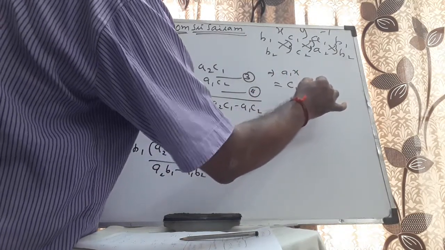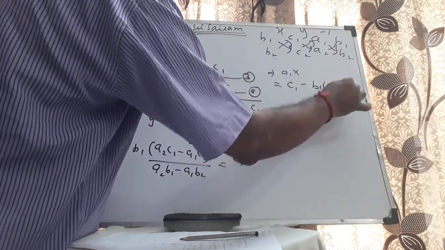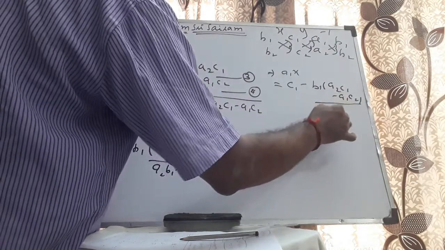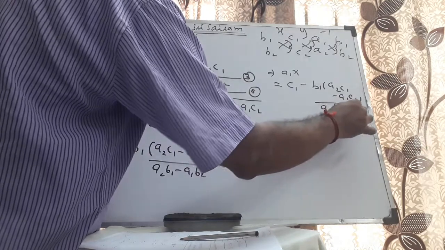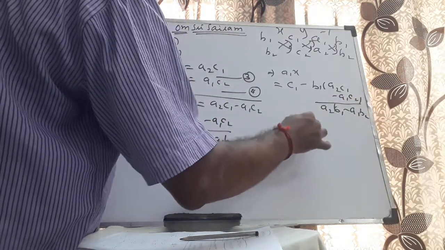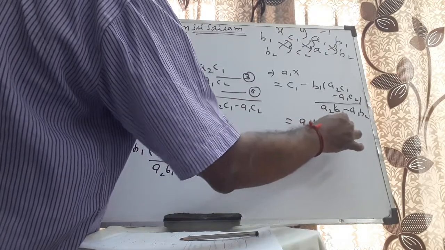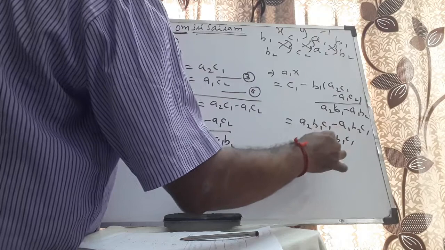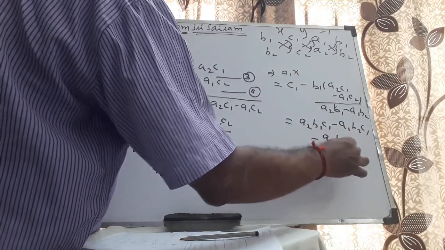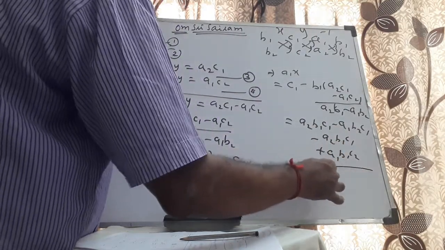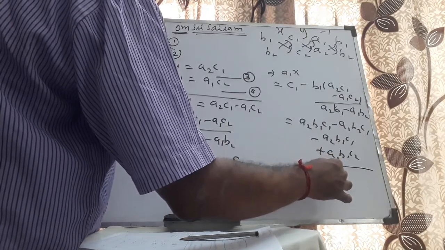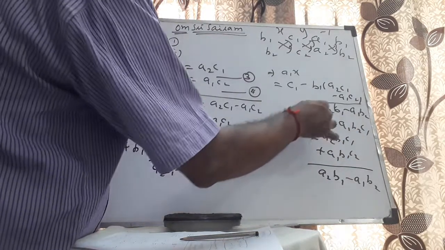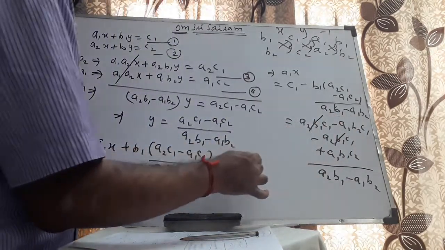Just listen how we go about it. b1 into a2 c1 minus a1 c2 whole divided by a2 b1 minus a1 b2, which is equal to a2 b1 c1 minus a1 b2 c1 minus a2 b1 c1 plus a1 b1 c2 whole divided by a2 b1 minus a1 b2. Here a2 b1 c1 will get cancelled.